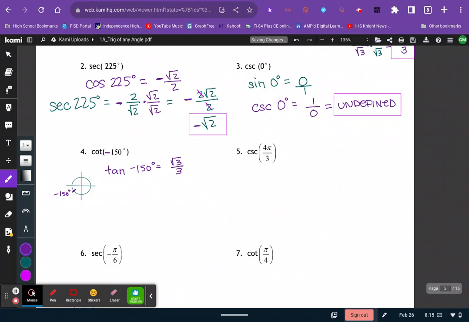I need to find the cotangent, and so I need to flip that fraction over. And that means I still have some work to do because I'm not allowed to leave it like this. I need to rationalize.